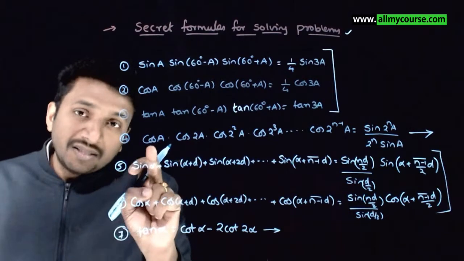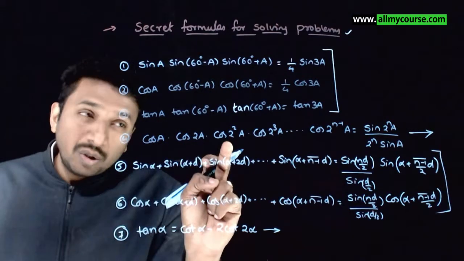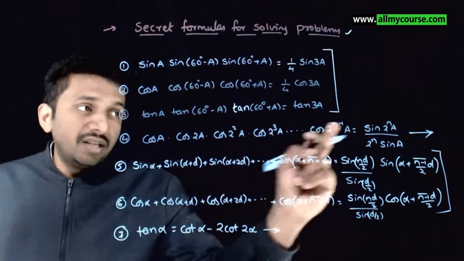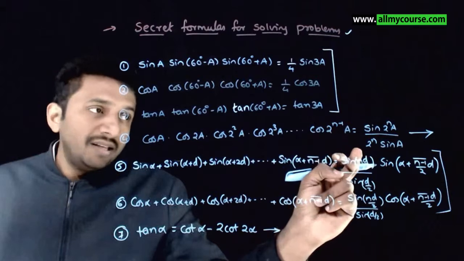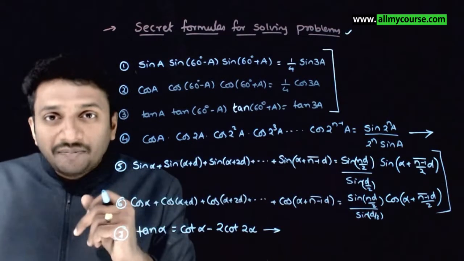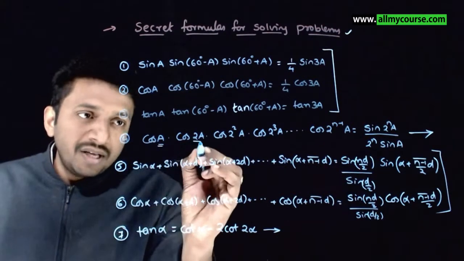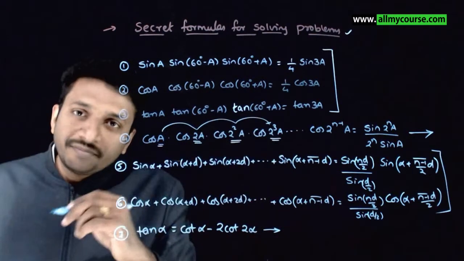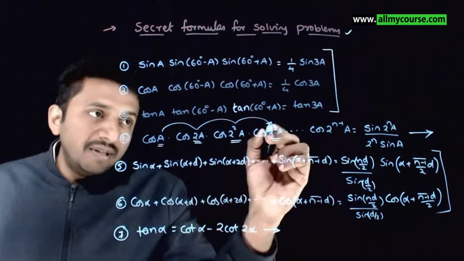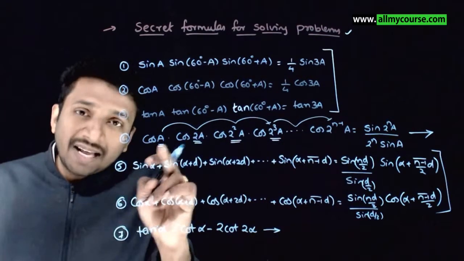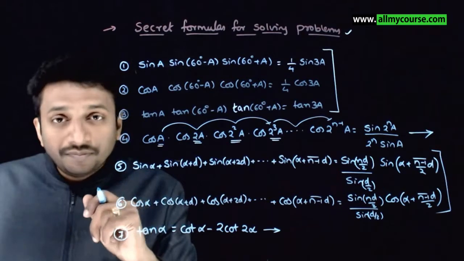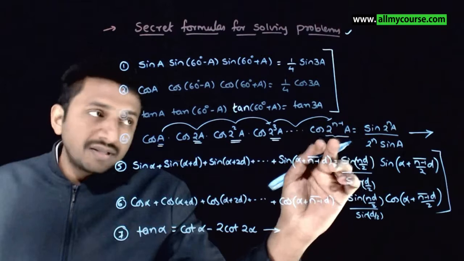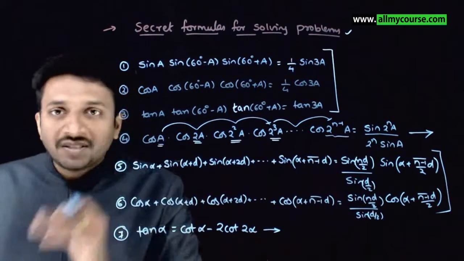The next formula is cos A cos 2A cos 2^2 A cos 2^3 A up to cos 2^(n-1) A is equal to sine 2^n A by 2^n times sine A. That is, if you have a sequence of cosines being multiplied and each time the angle doubles itself, that is, the angles are in GP with a common ratio 2, the formula is sine of the immediate next angle by 2^n times sine of the first angle.